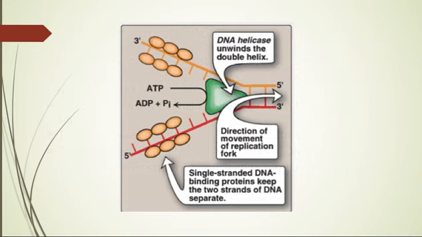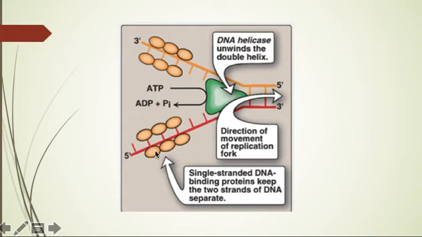In the next slide you can see the diagram here. These are the two DNA strands, one running from 3 prime to 5 prime and the other in the opposite direction, 5 prime to 3 prime. DNA helicase unwinds the double helix DNA strand, right? This is the direction of movement of the replication fork.